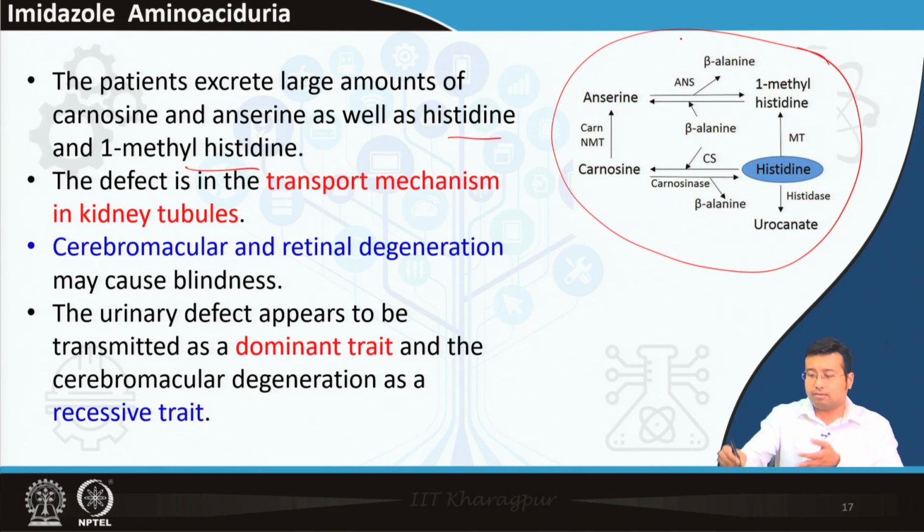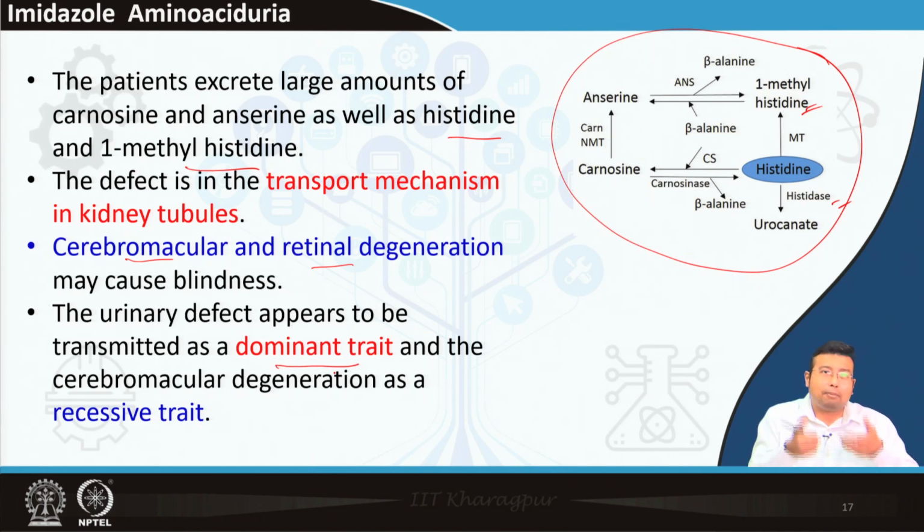So, these intermediates will be excreted in urine, right. This is very important because it leads to problem in eye, cerebromacular degeneration and retinal degeneration, which may lead to blindness, right. And the defect in urinary transmission or renal defect is actually transmitted as a dominant trait, right.